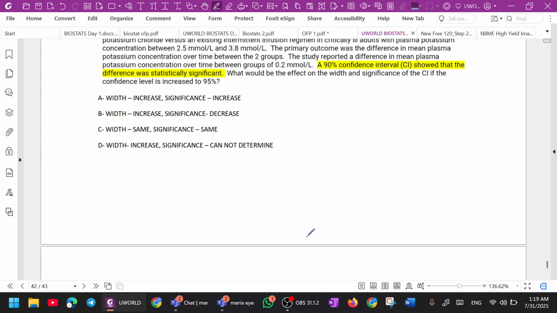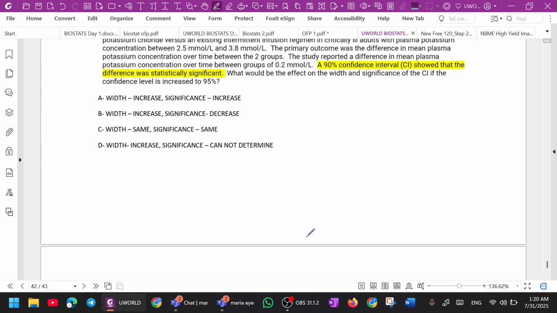But the confidence interval and the confidence level always increase and decrease together. We already found a question that was explaining that. The significance level, I guess it doesn't change, or I don't understand what it means. Oh, never mind. They're asking if it's statistically significant or not.